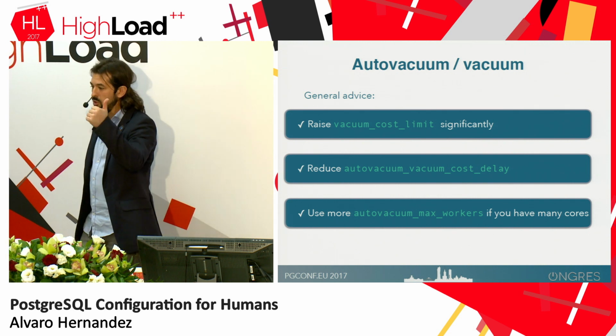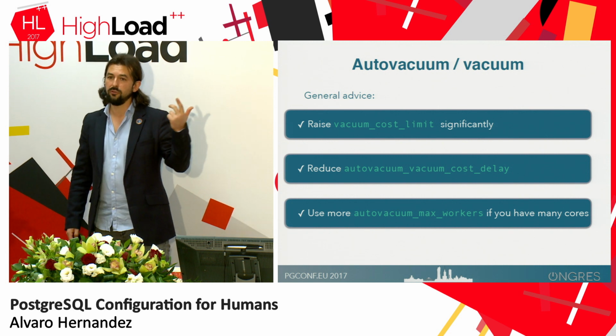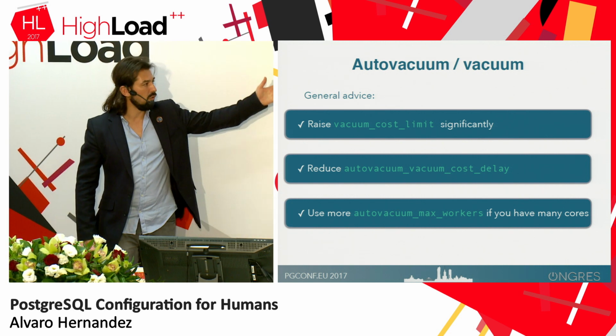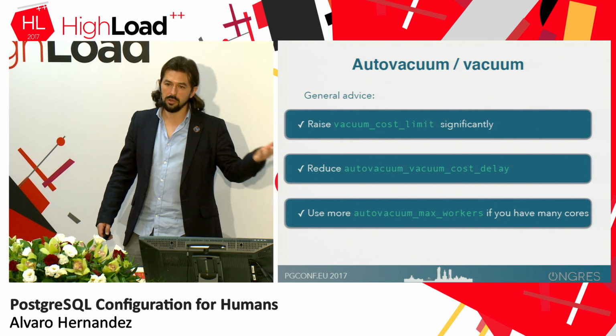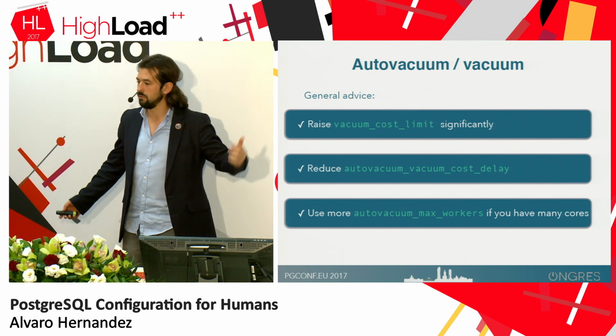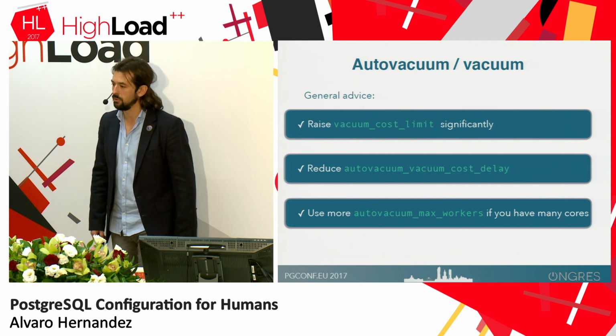So raise vacuum cost limit, reduce the delay, and also if you have a lot of cores, use a few more, because the default is 3 cores for autovacuum. If you have 24, you may give it maybe 5, 6, 8. It won't significantly impact your throughput to the database.